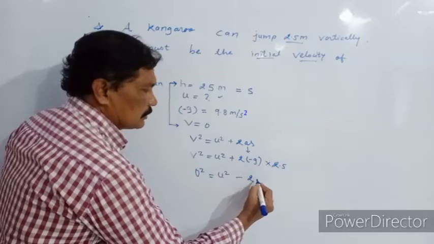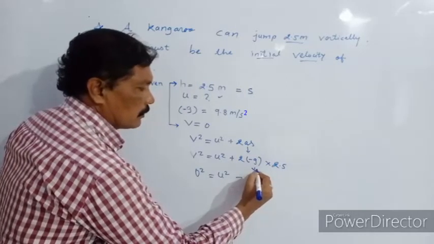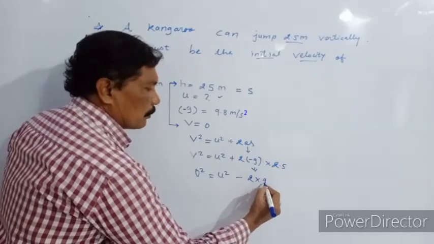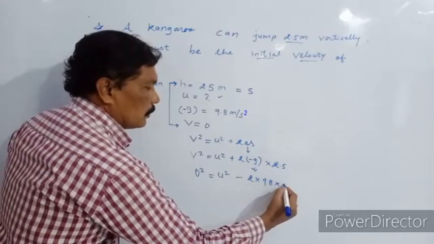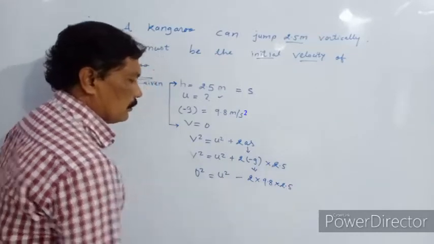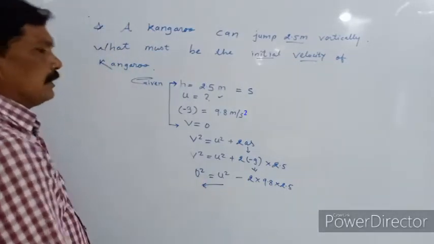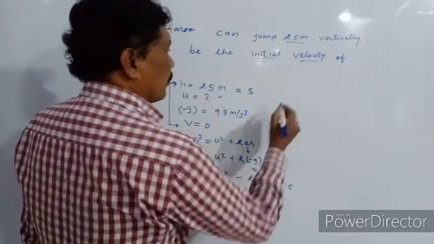twice, g's value is what? Into 9.8 into 2.5. We'll take u square to the other side of the equation, and plus will become minus.